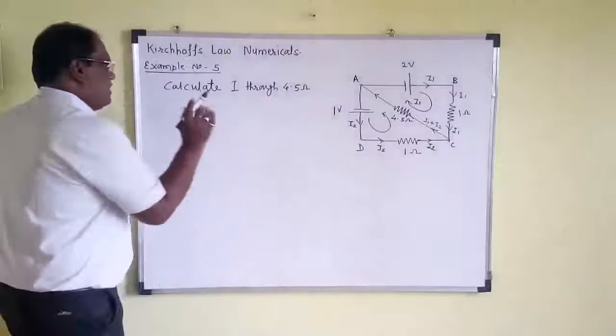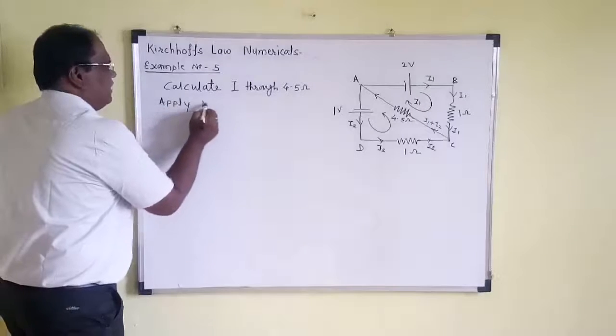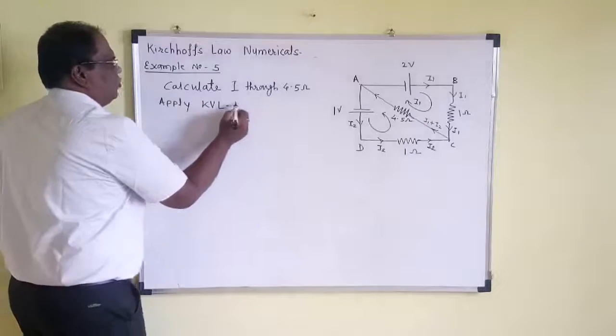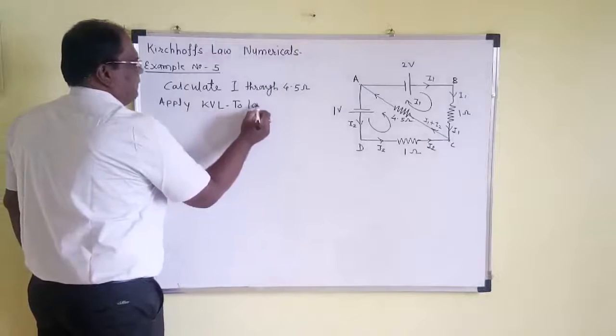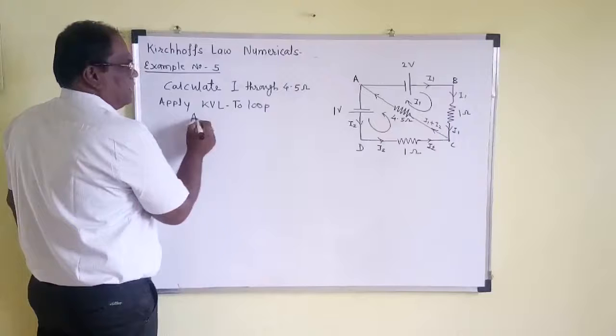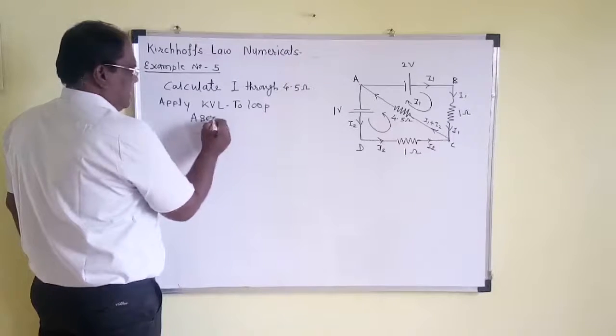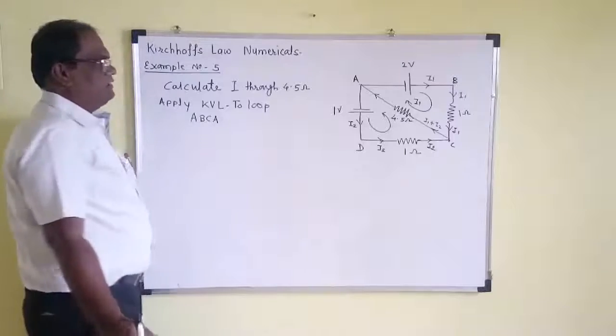Now apply Kirchhoff's law to the loop. First, apply KVL to loop A, B, C, A. Write the equation.